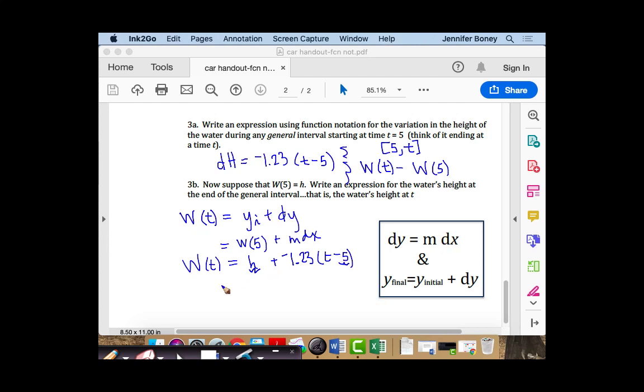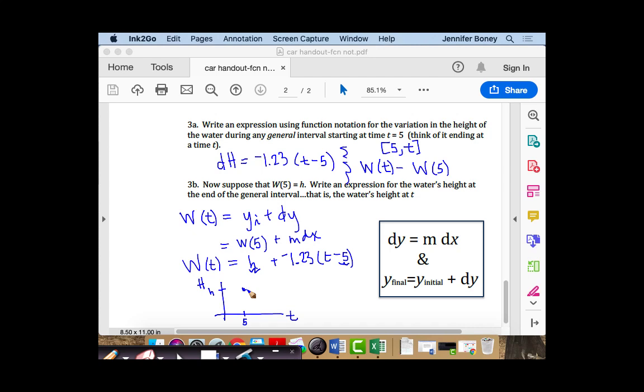Thinking about if I were graphing over time the height of the water, with height measured in centimeters and time measured in seconds, what I have here is that at time 5 there was a height, lowercase h.